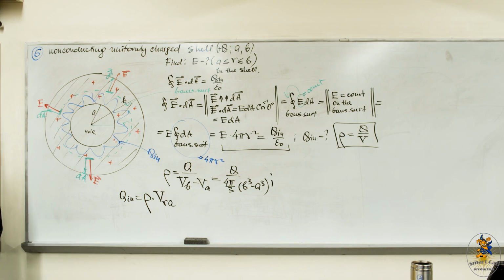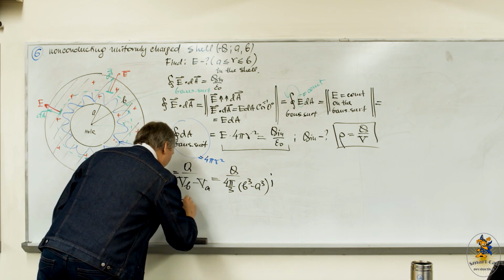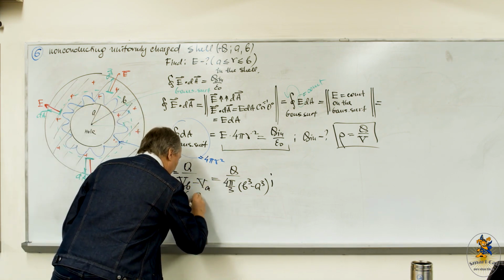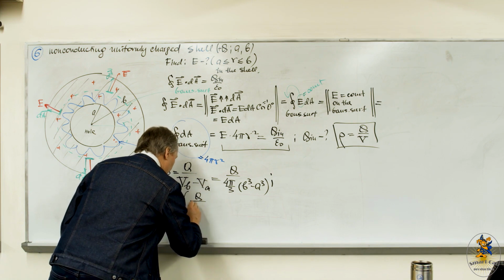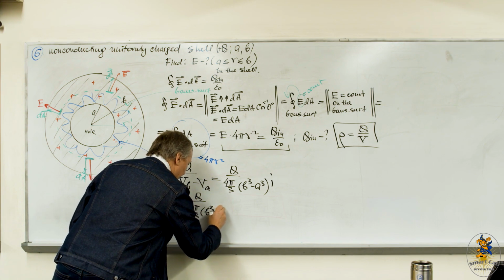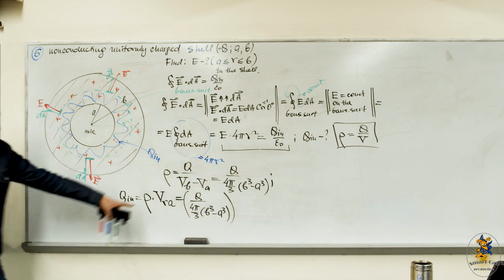Okay, so it's a volume charge density. I can just rewrite it. So it will be Q over 4 pi over 3 times (b cube minus a cube). So it's just rho. And now times this volume.